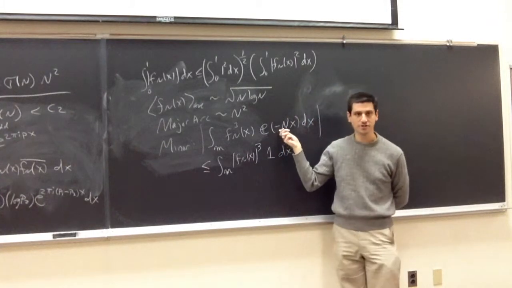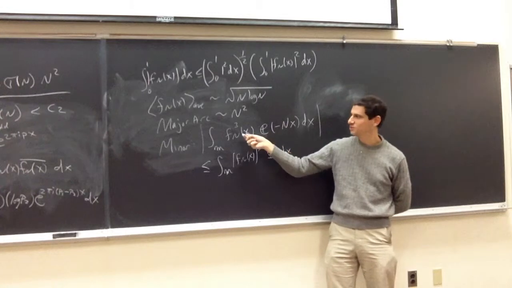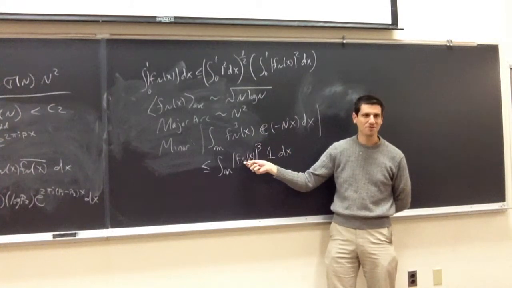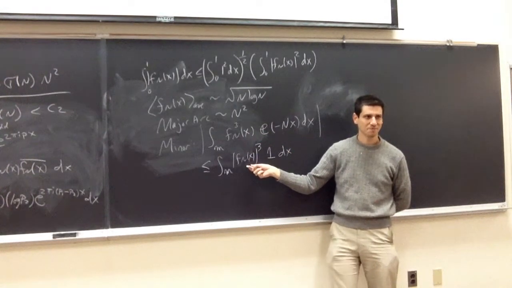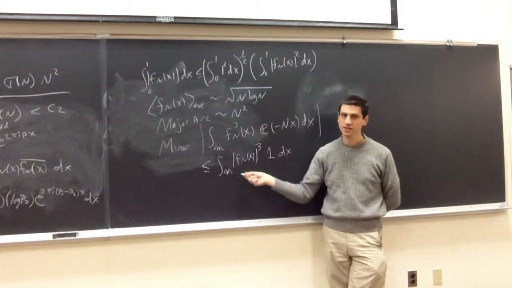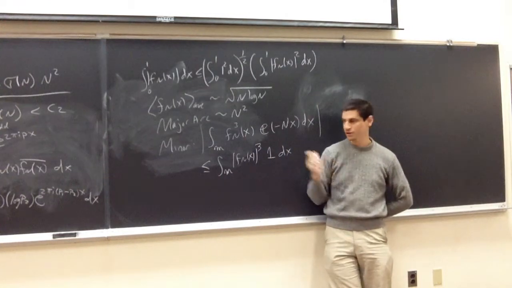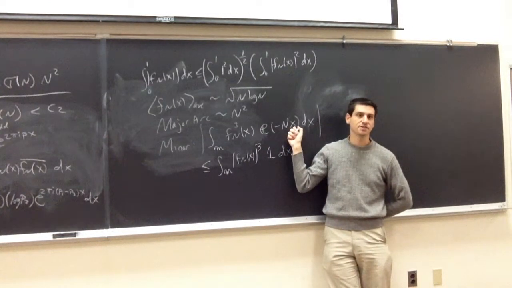We lose this cancellation, but at least we still have the cancellation from f_n of x. The really bad thing would be to go even further and put the absolute value inside there, at which point we'd be dead. So we at least still have some cancellation, but we no longer have any cancellation over the interval, coming from the fact that this is going to be highly oscillatory when n is large.